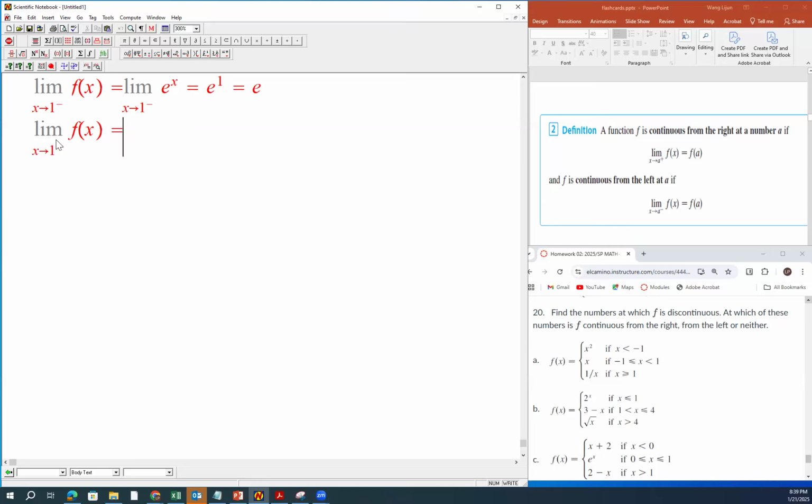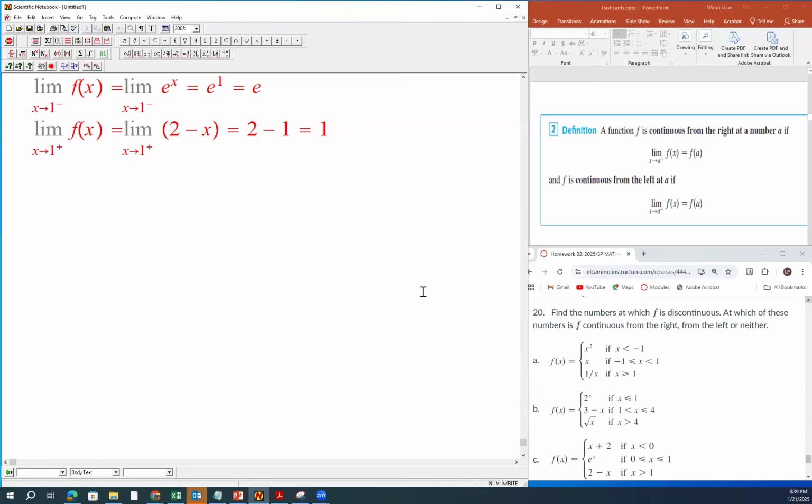When x is approaching 1 from larger than 1, the rule of the function is going to be 2 minus x. So 2 minus 1 equals 1. Obviously, the limit does not exist, right?